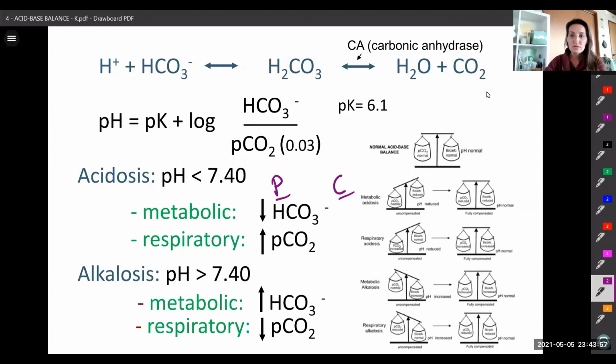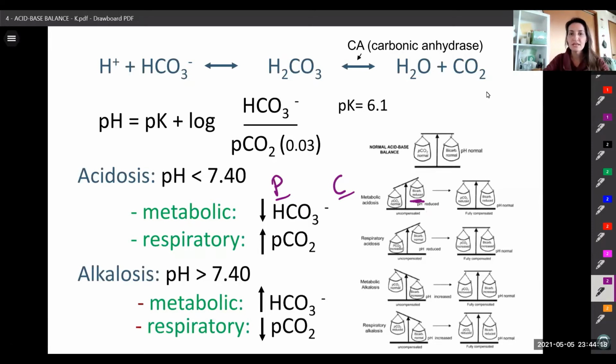And with acidosis, a low pH, metabolic acidosis means that the base is too low. We've decreased the level of base here. That's being shown in this diagram by the base being reduced and weighing less, if you will, on the scale.